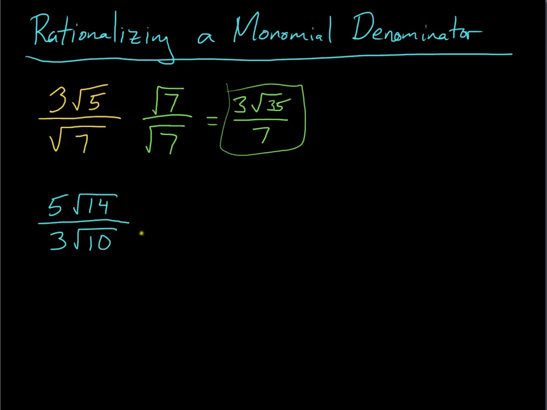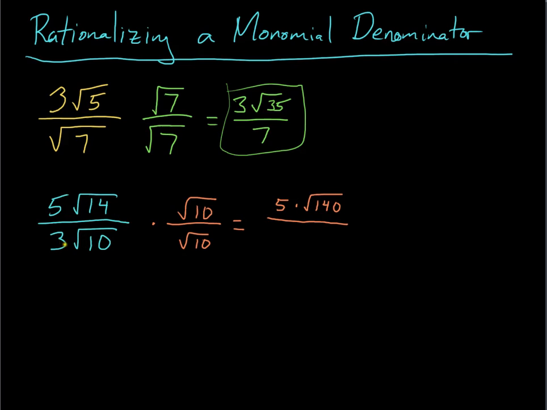We want to get rid of this root 10, so we can multiply by root 10 over root 10. Actually, since these are both square rooted, we could reduce the 14 and 10, make it 7 over 5, but let's not worry about that for now. Let's just keep going. So on top we've got 5 times root 140.